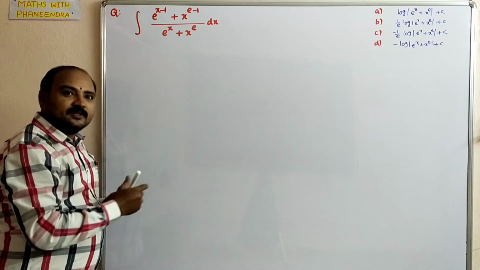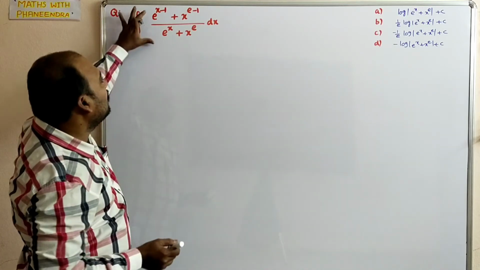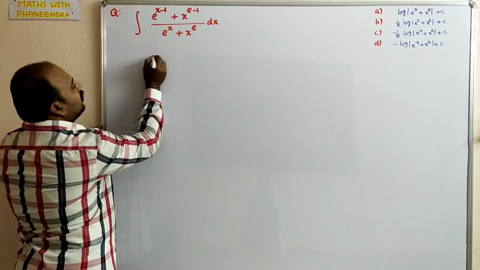So what we have to do is multiply and divide by e in the numerator and denominator.